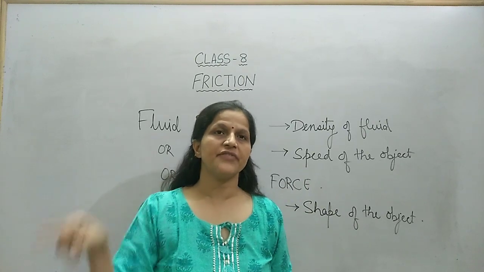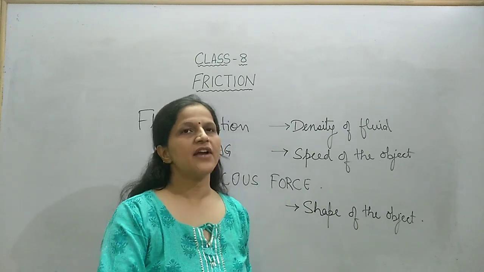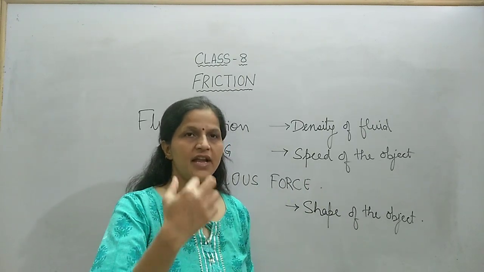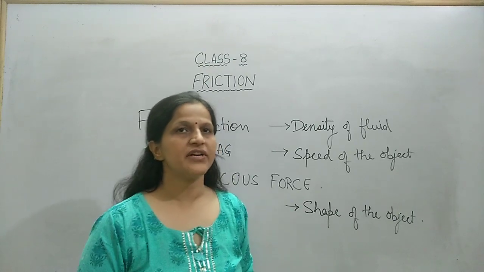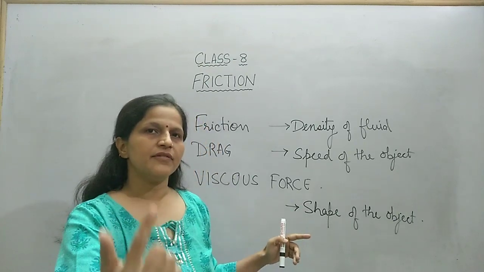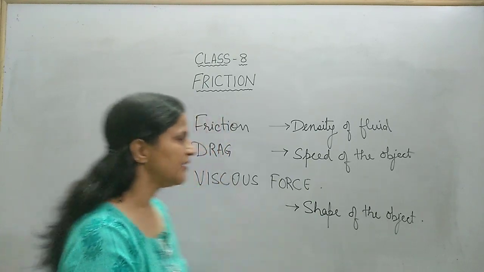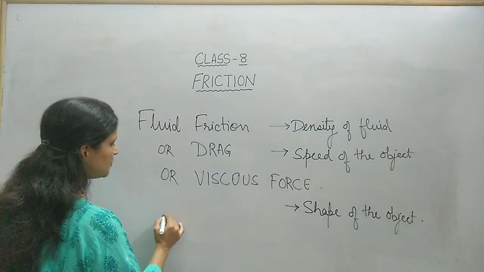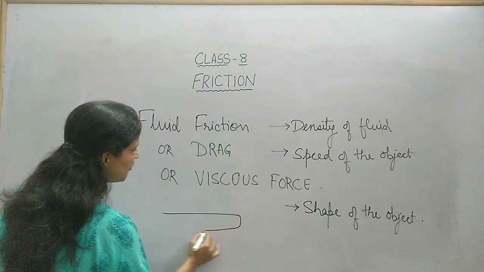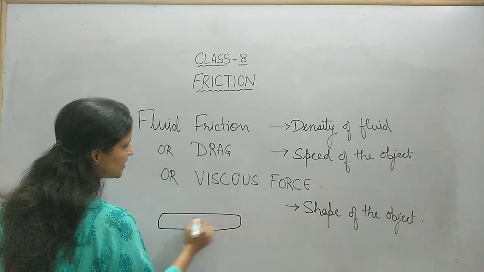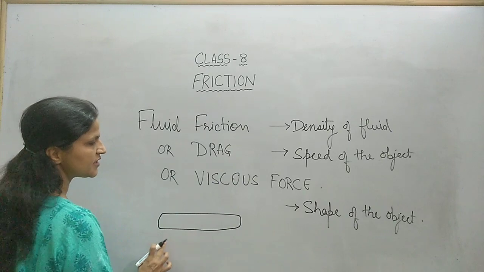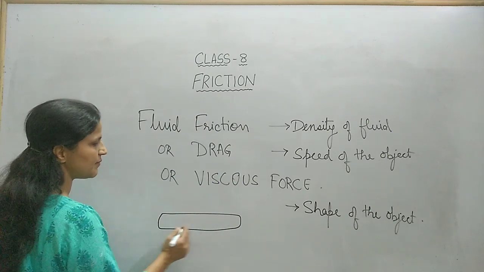If the area is very large, then the viscous drag offered by the air, which is also a fluid, I mention it once again, is very large. But if the shape of the object is somewhat like this, has the shape of an aircraft, this kind of shape is known as streamlined.